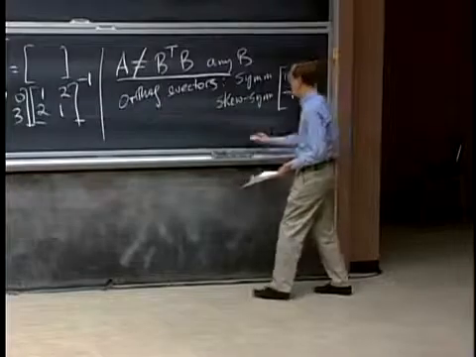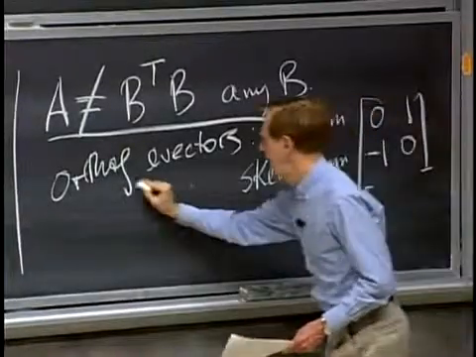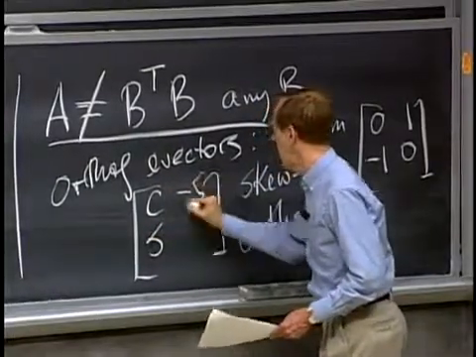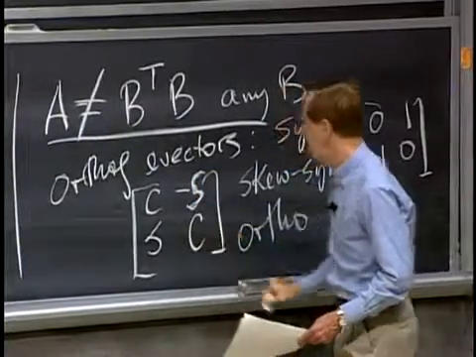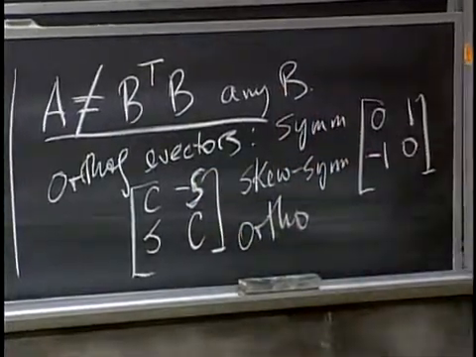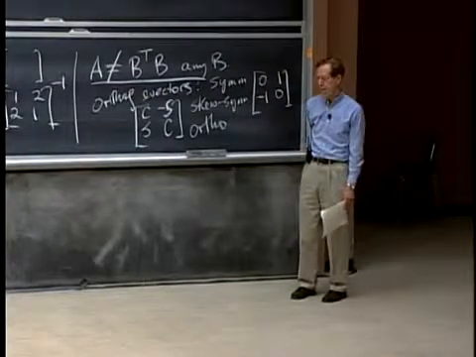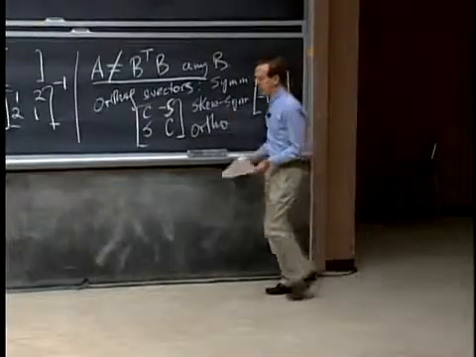Or it could be an orthogonal matrix like cosine, sine, minus sine, cosine. All those matrices would have complex orthogonal eigenvectors. But they would be orthogonal, and so those examples are fine.